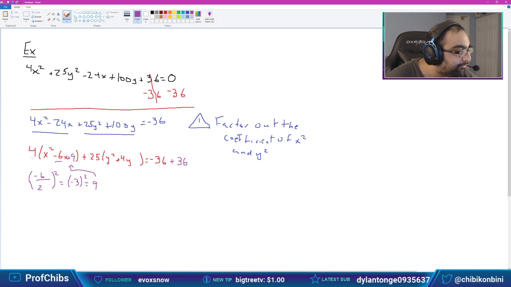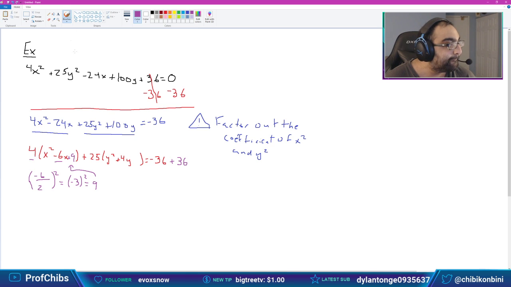We had the 4 here on the outside as well. So we actually added 4 times 9, which is 36. So we add 36 on the outside. So we have minus 36 plus 36. Absolutely correct. Very nice job, Nicholas.